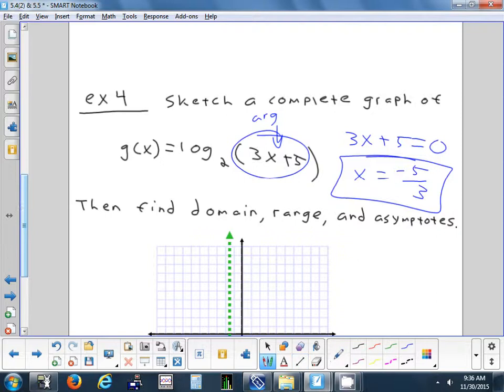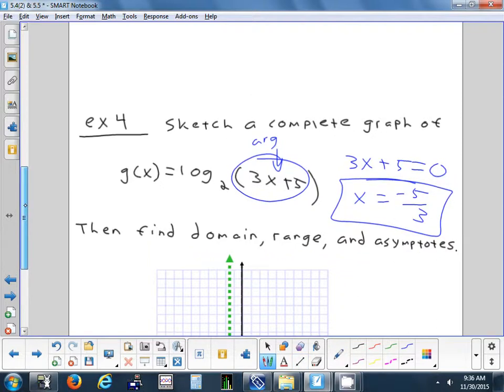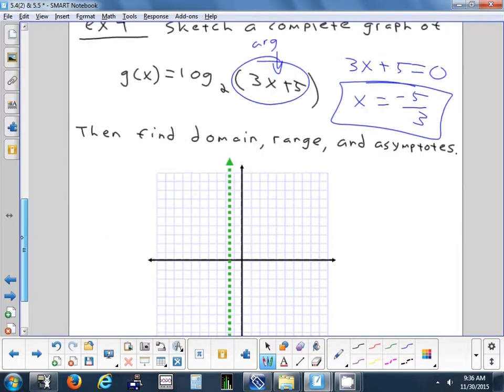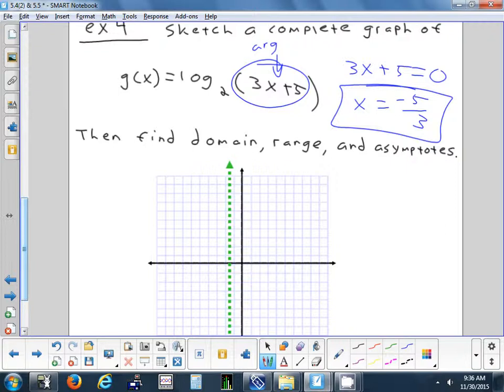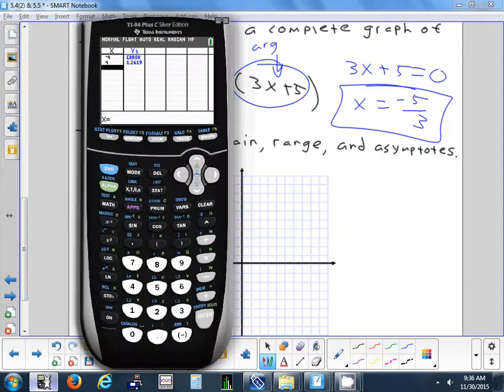All right, next thing I'm going to do is try to find my intercepts, but I'm going to use the calculator to help me out. So just type this in, and we're going to use the table. Remember, type it in as log of your argument, divided by log of the base.